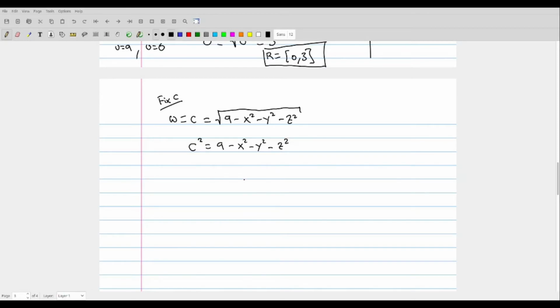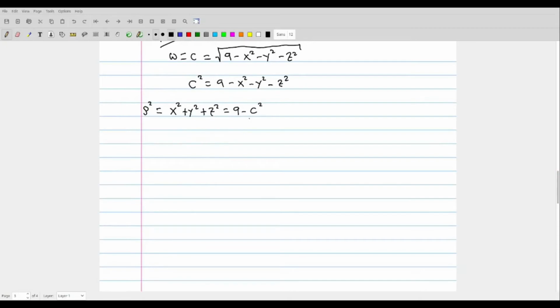And if I rewrite this a little bit by adding x squared, y squared, and z squared to both sides and subtracting c squared, we get the equation x squared plus y squared plus z squared is equal to 9 minus c squared. And remember, x squared plus y squared plus z squared is what we're calling rho squared, where rho is the radius from the origin.